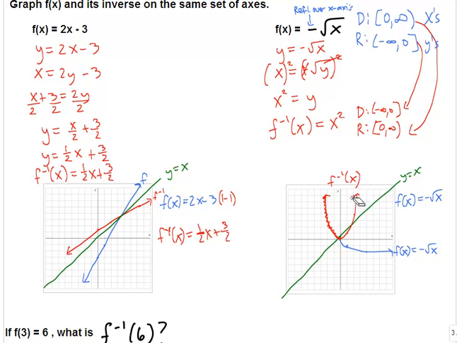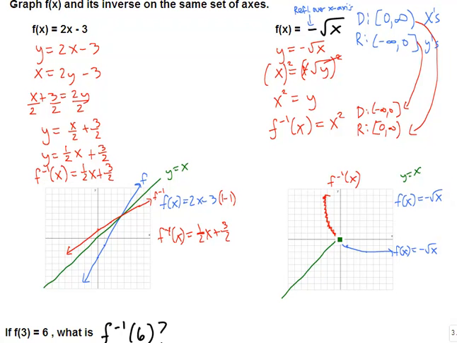So we actually want to erase the right half of that parabola, and then when we look at our reflection, this does look correct. If I fold along that diagonal line, the blue graph will map directly onto that red graph. So here we had to restrict our domain so that this would be correct.